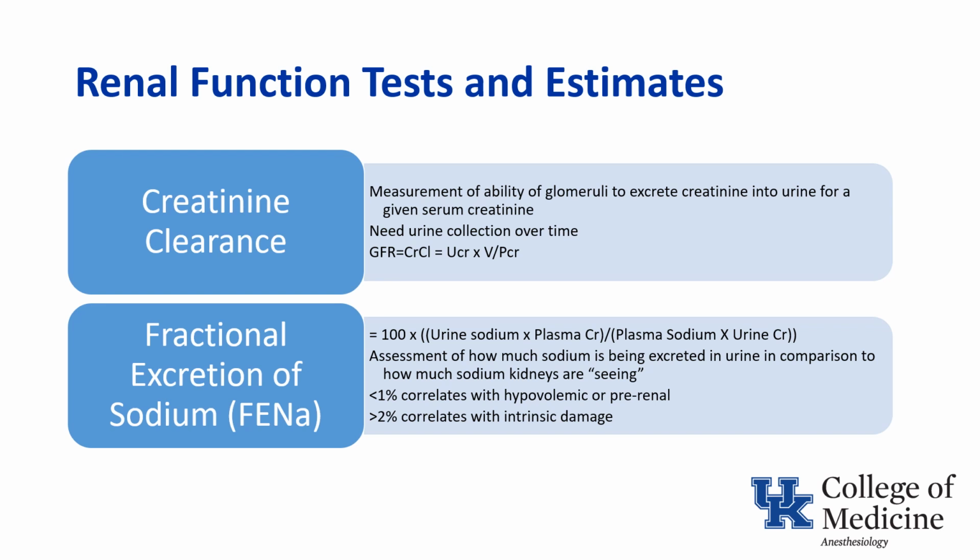So this is a marker looking at how well your kidneys are able to put that creatinine into urine, right? The downside of this test is that you need to collect a significant amount of urine over time. Often it's done for 24 hours. So you have to collect the urine and then send it to the lab for testing.